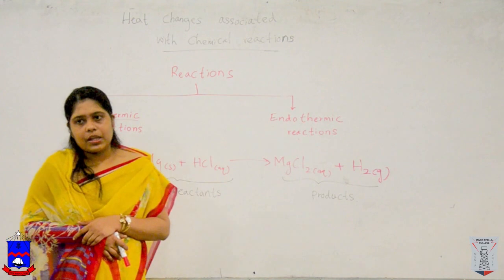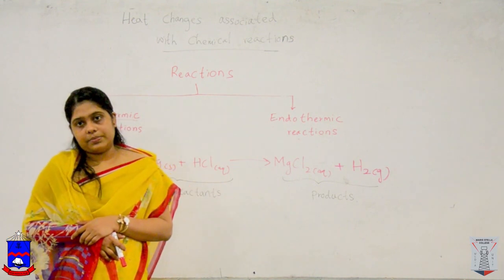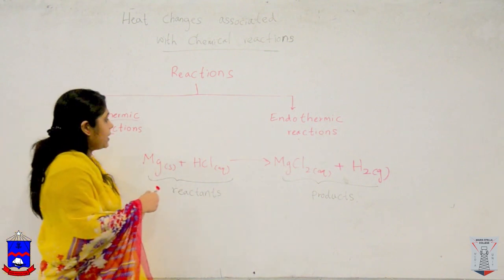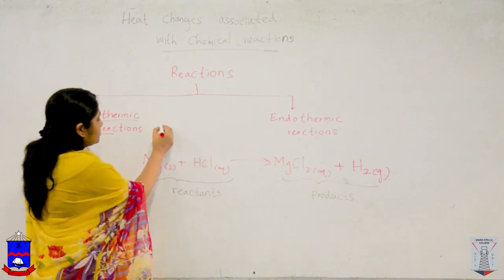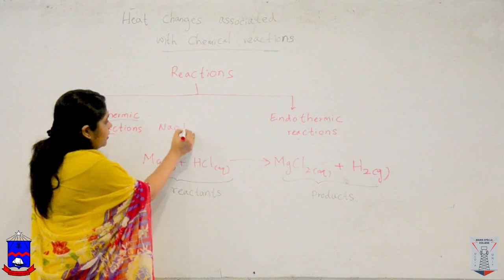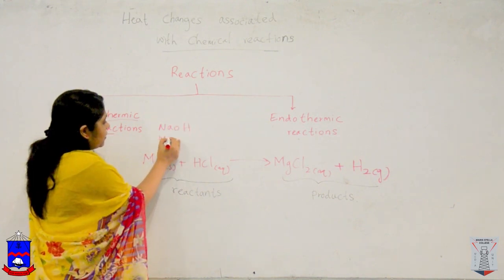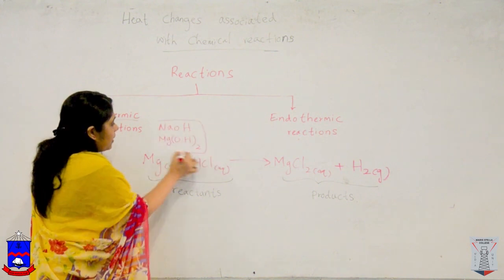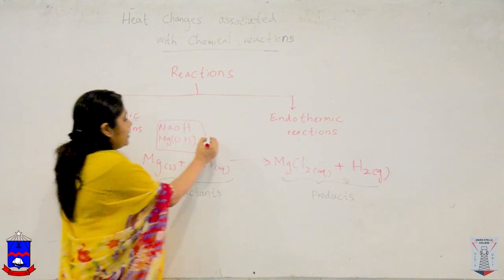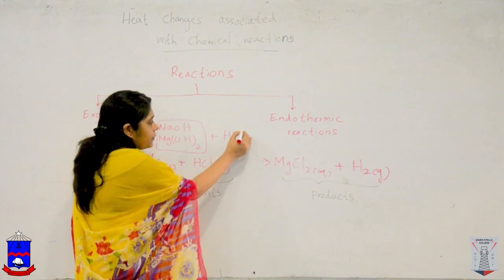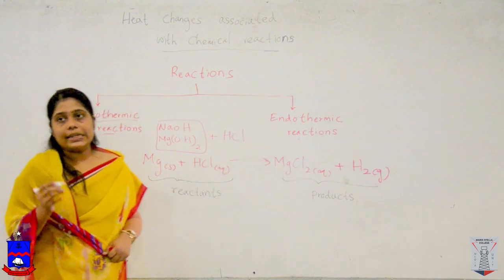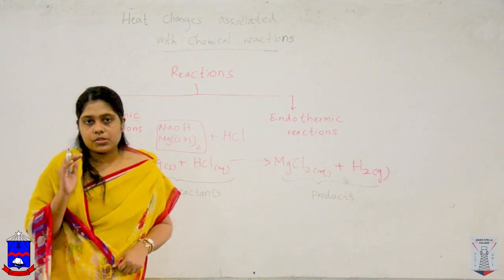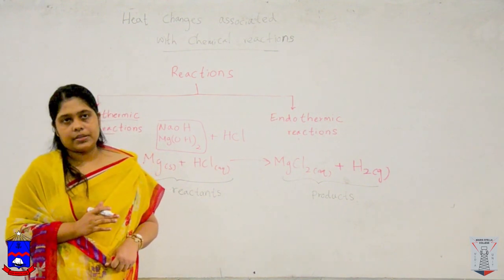Also acid-base reactions: for example, sodium hydroxide, maybe magnesium hydroxide. When these kinds of bases react with acids, these reactions release heat energy, so they are exothermic reactions.